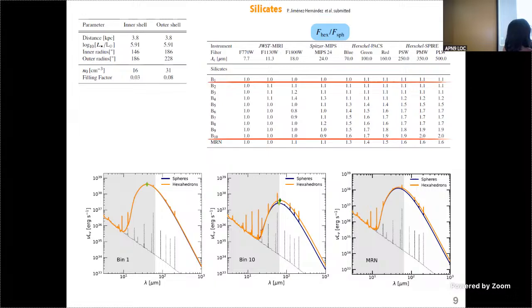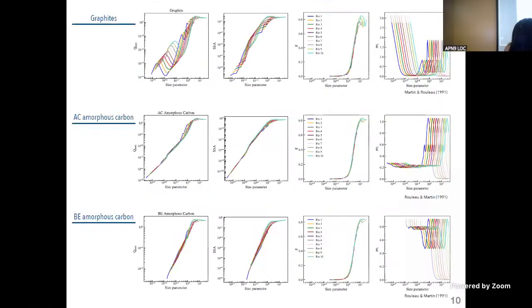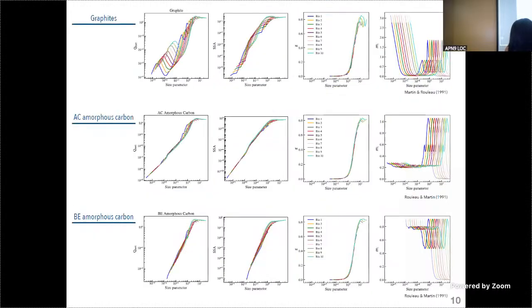So we can see that for the smallest grains we have a difference, but it's more noticeable at the larger wavelengths, as well as in the largest grains. This is the case for graphite and amorphous carbon grains, and it's the same case for silicate grains, where we are constrained by the optical data from those species.